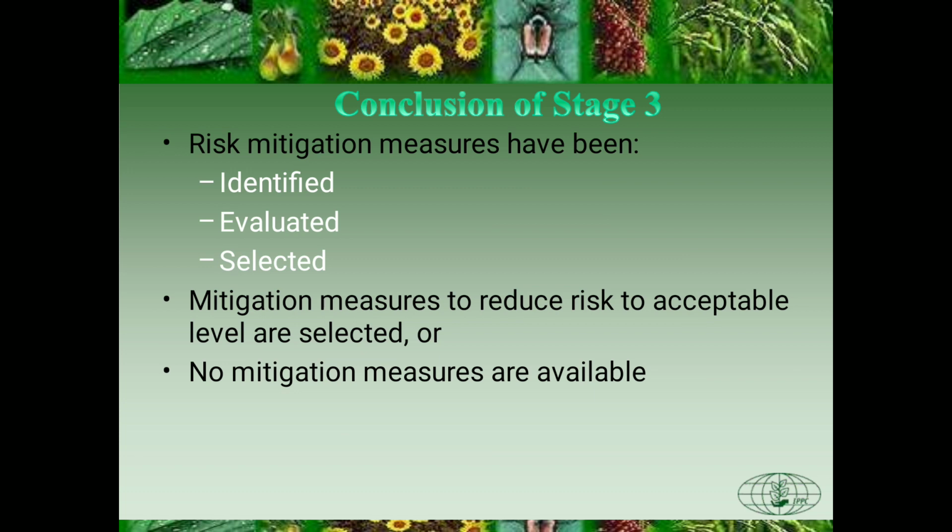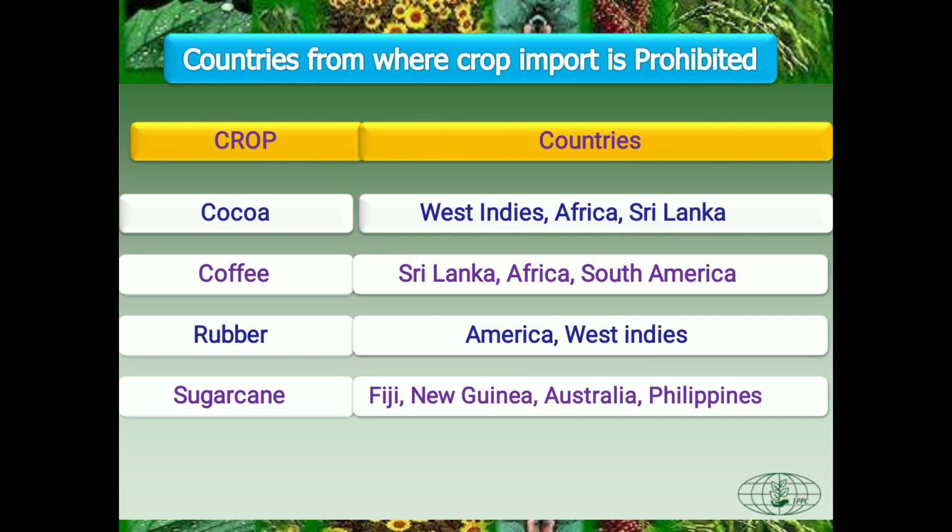Then we come to the conclusion of stage 3: risk mitigation measures have been identified, evaluated and selected. Identified means we first identify which control measure to use. Then we evaluate: is it efficient, effective, low cost, is there any impact on the environment, or social or economic impact. After evaluating those points, we select the suitable mitigation measure to reduce the severity of that pest.